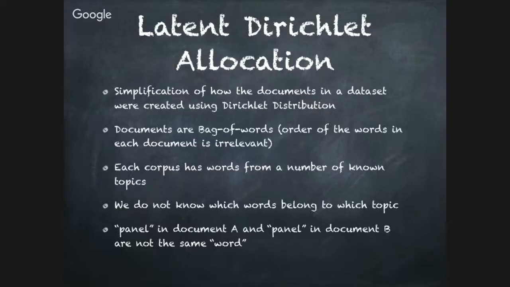So the word panel in document A and panel in document B are not necessarily the same word. They look like the same word, they're homonyms, but they don't mean the same thing. One could be a literal panel, and the other one could be a panel as a deciding body. Topic modeling has no problem assessing that.